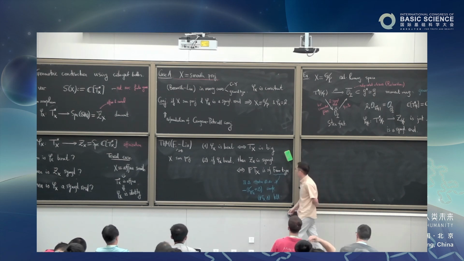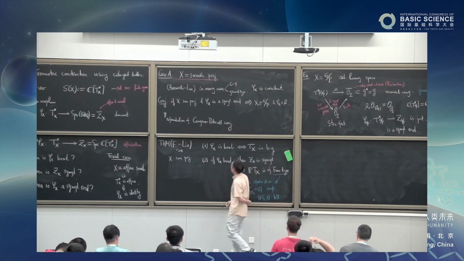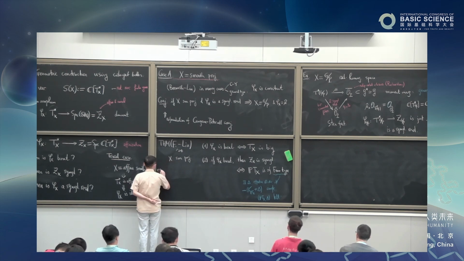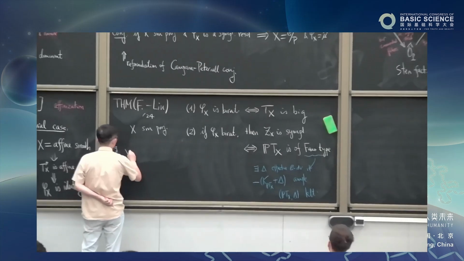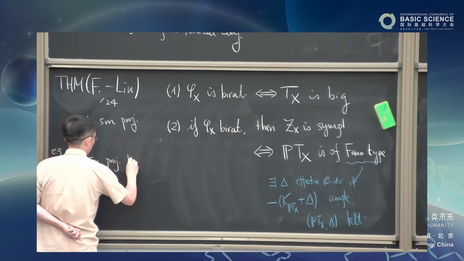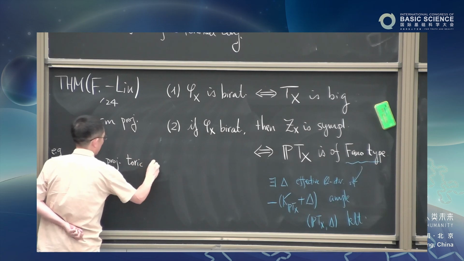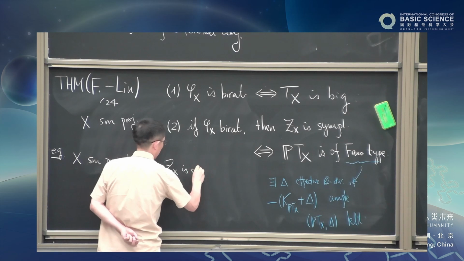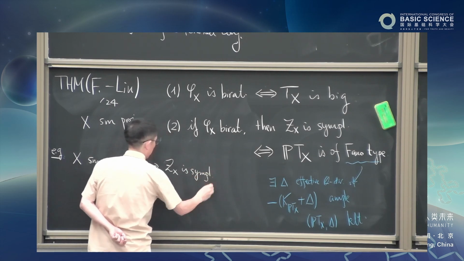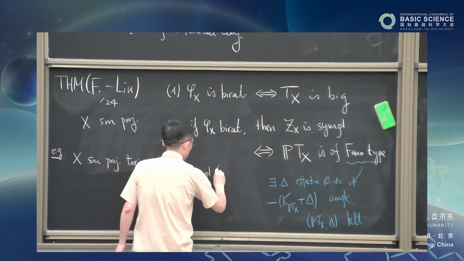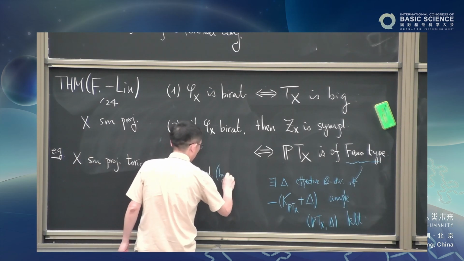For example, if we take X smooth projective toric, then we get this Z_X is symplectic. In fact, this is hypertoric.